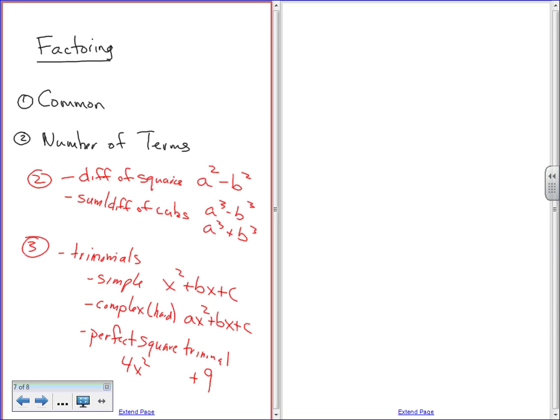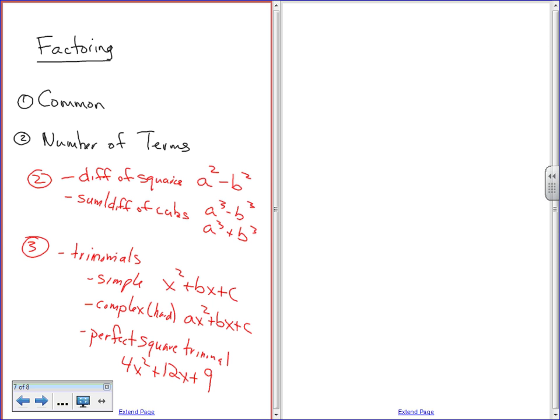The middle term has to be the square root of this times the square root of this, doubled. That's how you identify it. So the square root of this is 2x, the square root of this is 3, 2x times 3 is 6, double it. That's a perfect square trinomial.